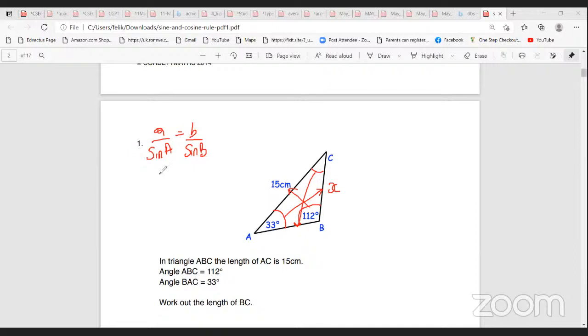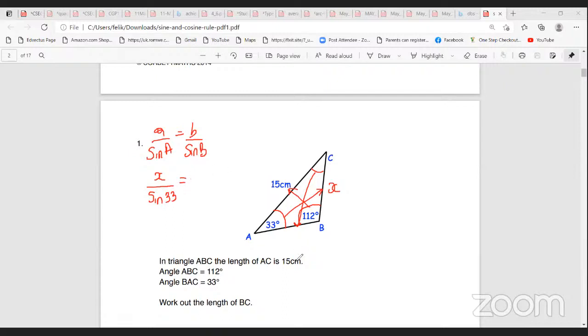Do we know the side? Yes, miss. The side is x. Lowercase letters represent sides, so we're going to have x over sine 33. Lowercase letters represent sides, capital letters represent angles.